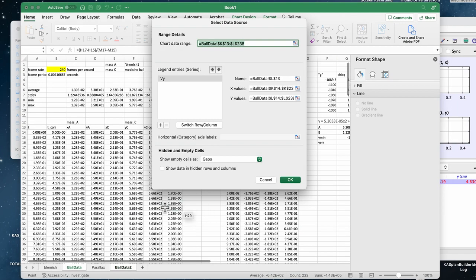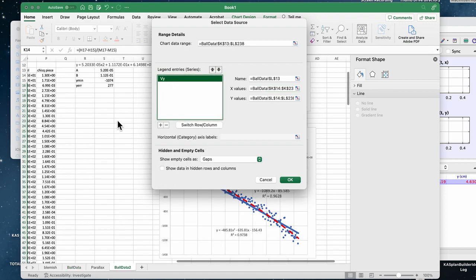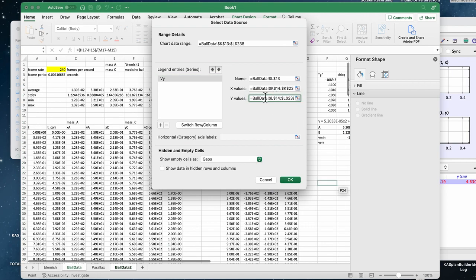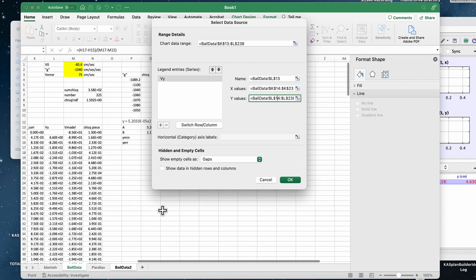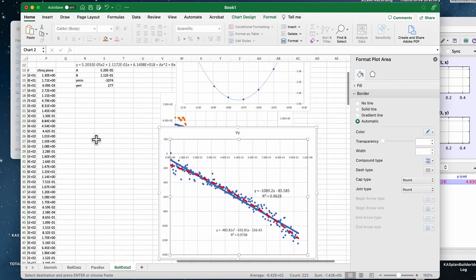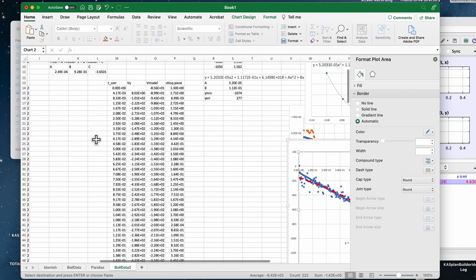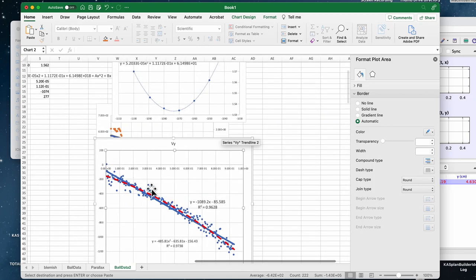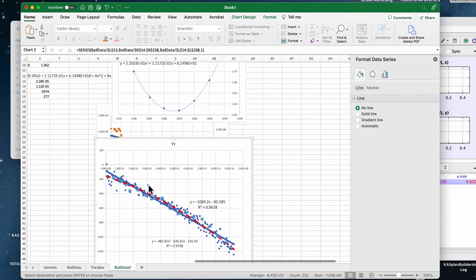So if we select the data and we're looking at VY, it's looking at column L, which should be now corrected. Okay, so that should be okay. Oh, let me see. It's looking at ball data, and we want to look at ball data 2. Okay, so let's put in ball data 2.